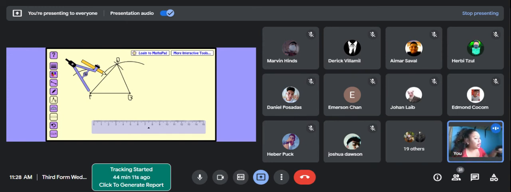After you have drawn that, I want you guys to measure 6 centimeters with your compass. So you take your compass and then you measure 6.